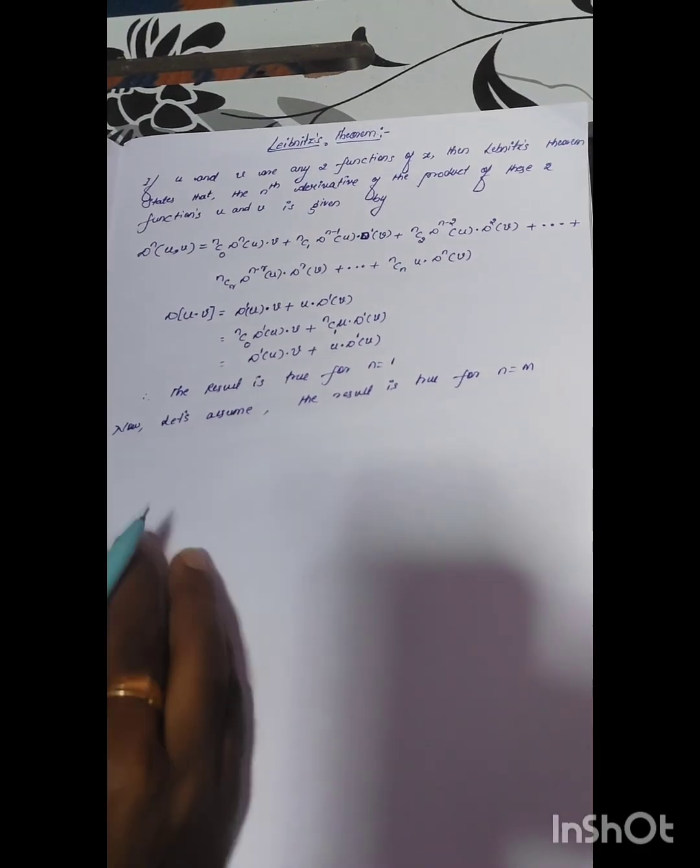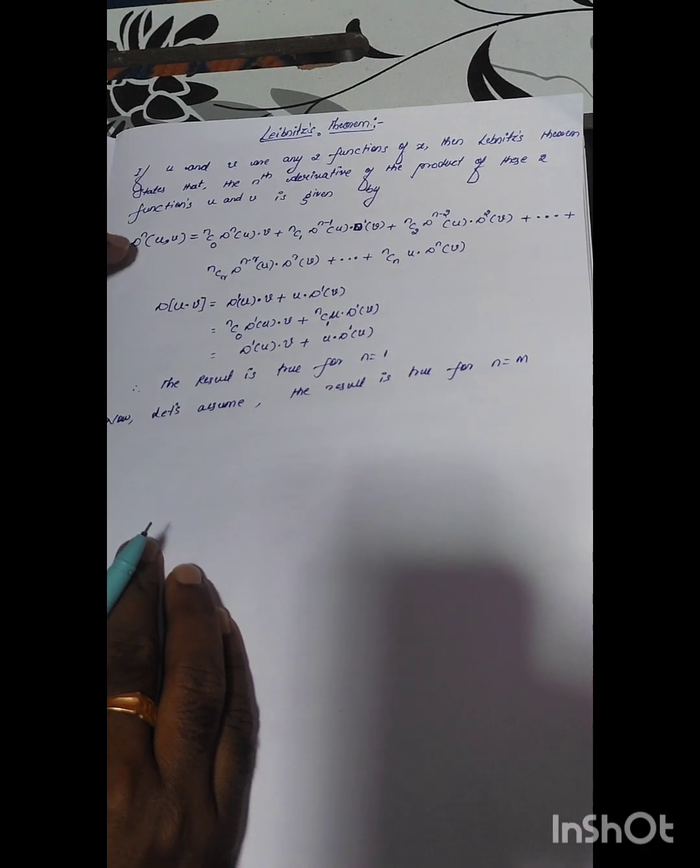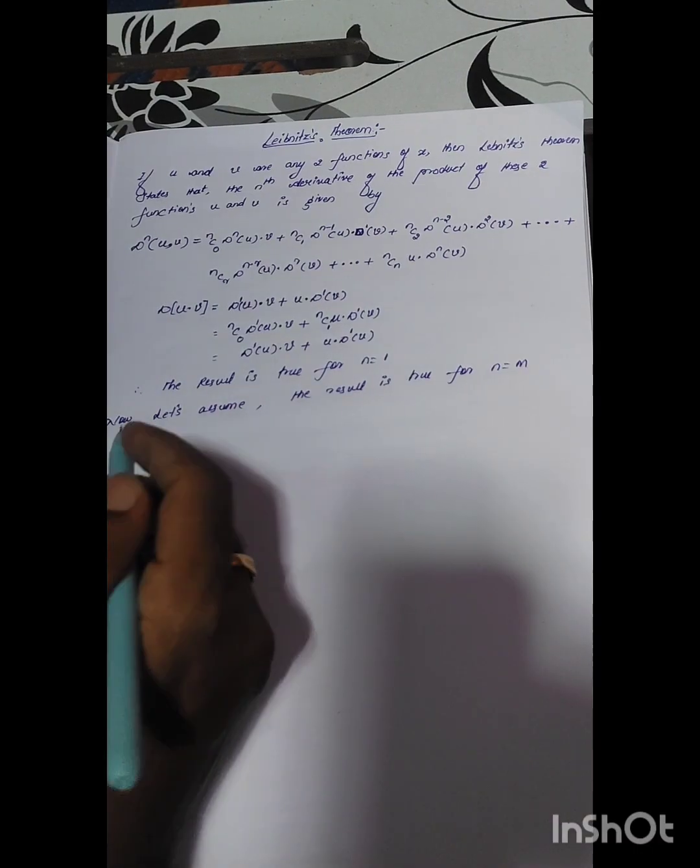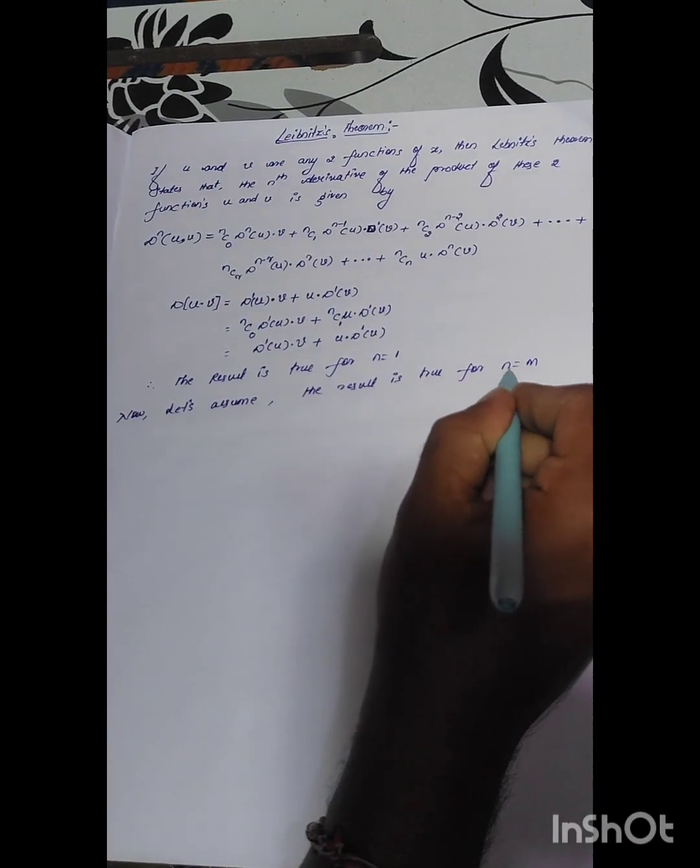So the Leibniz theorem states that dn of u comma v is this one. We have assumed that the result is true for n is equal to m.